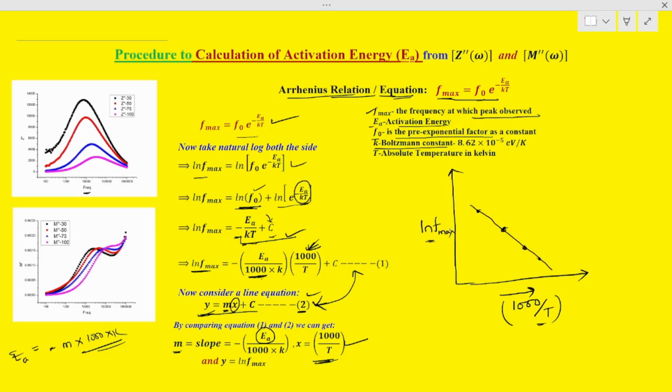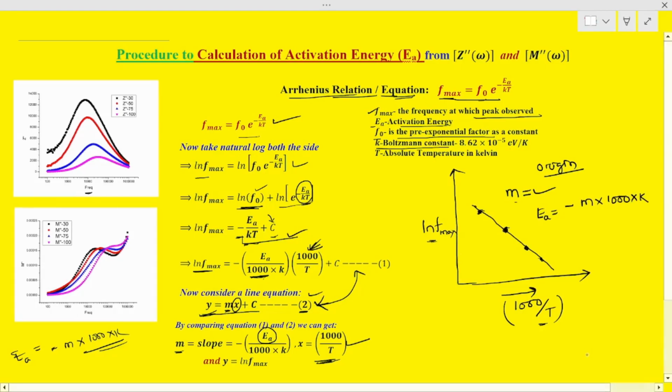The Origin software will automatically provide you the m value. So if we get the m value, then EA will be equal to minus m into 1000 into K.